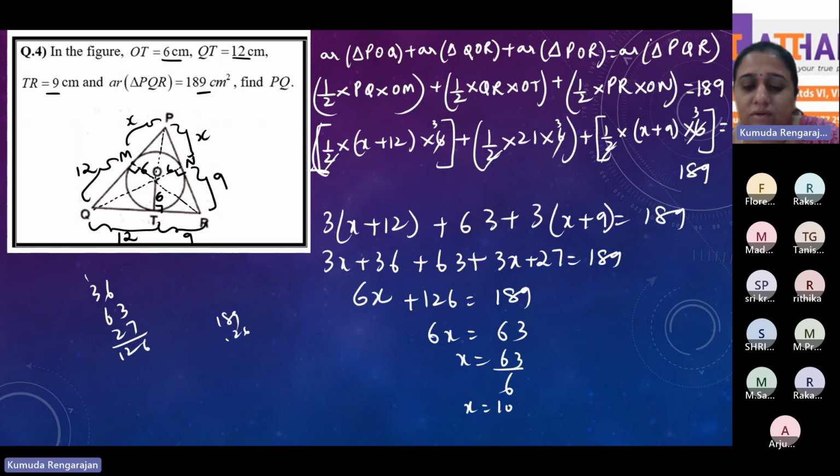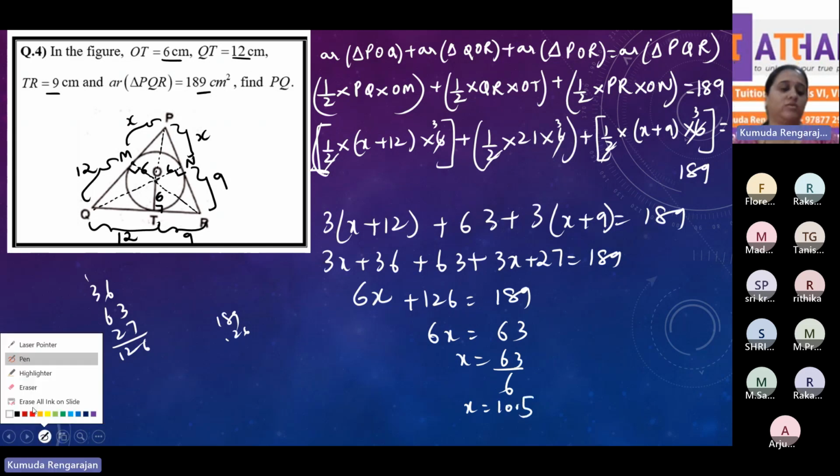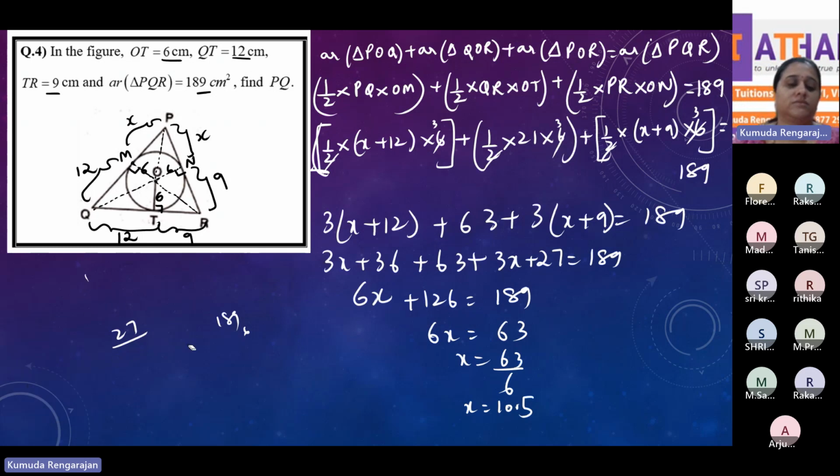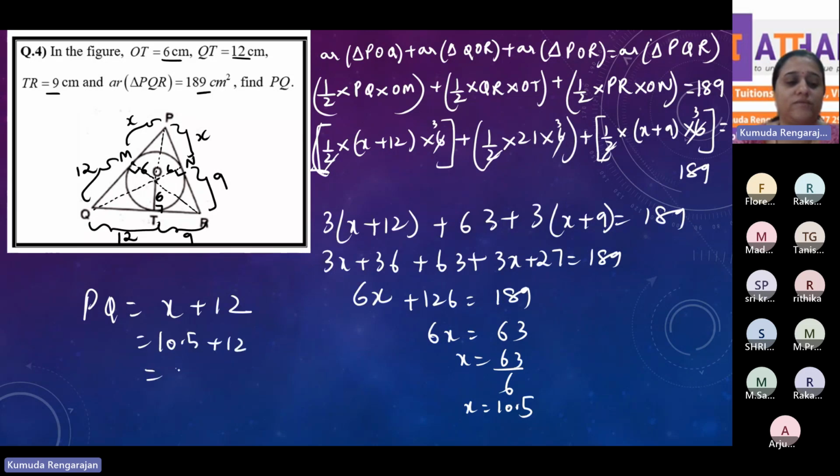So it amounts to 10.5. You can also work it like this. So x is 10.5 and we have to find PQ. PQ is x plus 12, 10.5 plus 12, 22.5 centimeters. Is that fine, children?